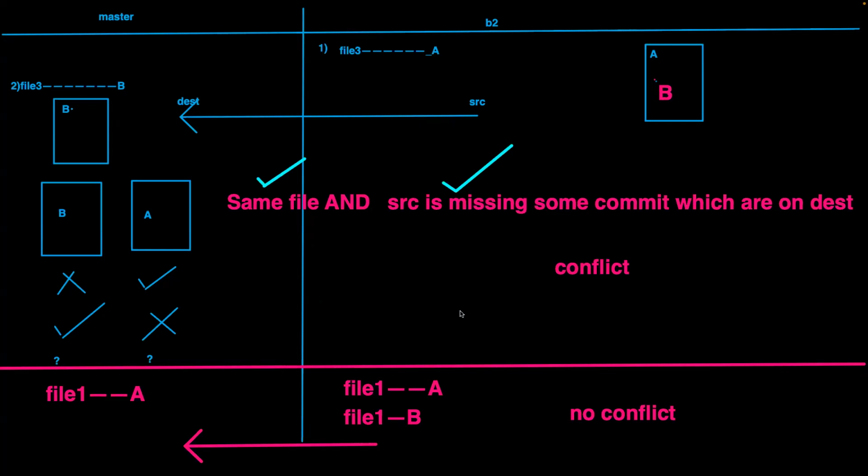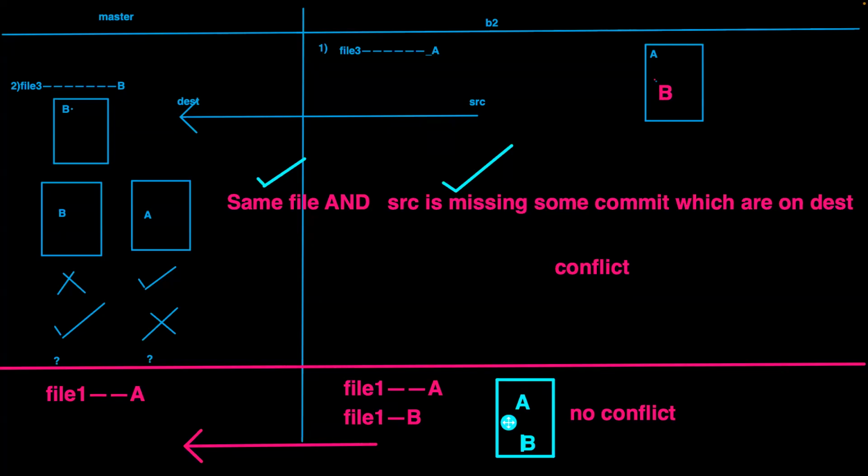I really don't understand this concept. How is it different, conflict and non-conflict? Here in this non-conflict scenario, the source branch is your B2 branch, right? In this source branch, you have commit A and commit B. Your source branch is not missing any commits which are on the destination.